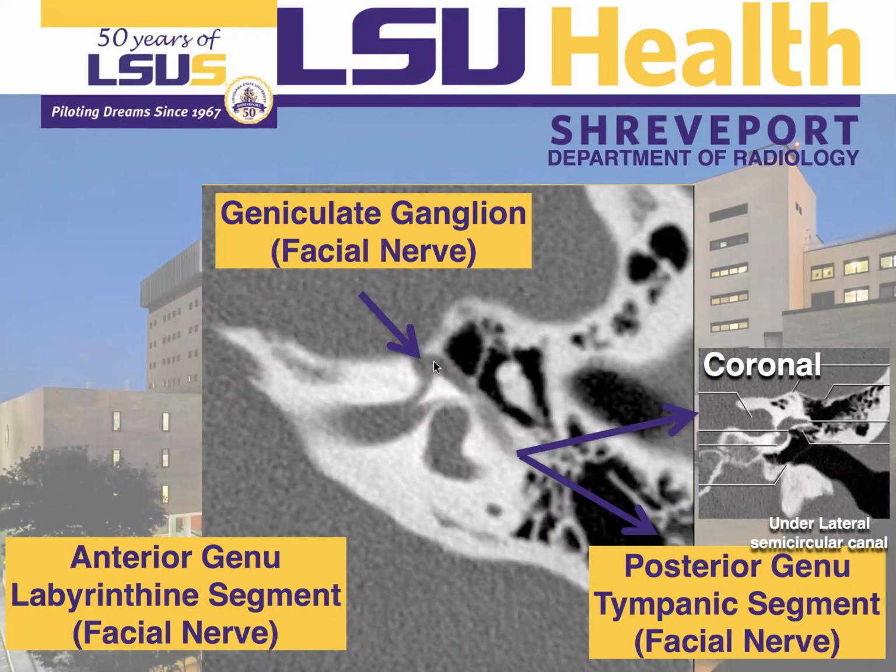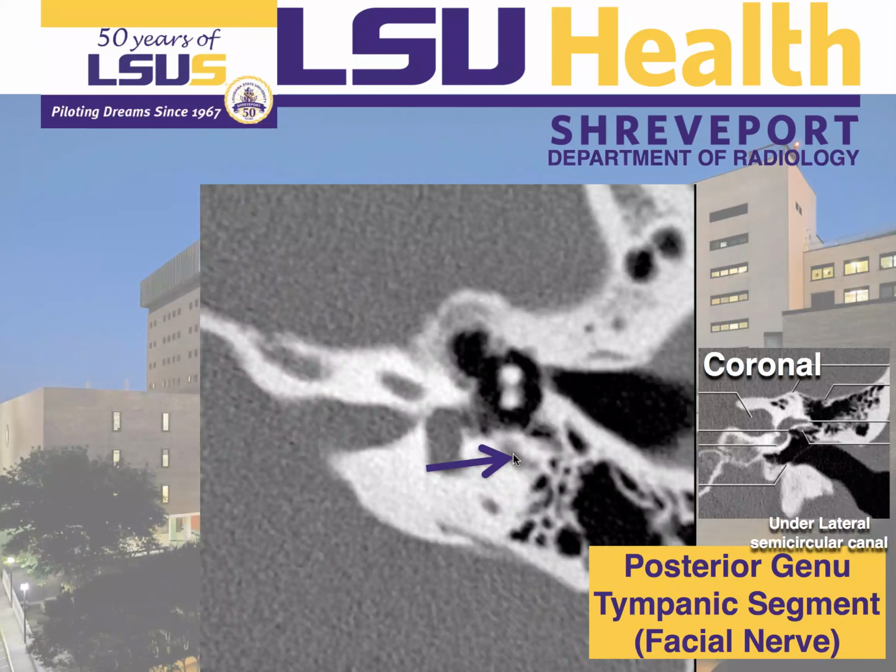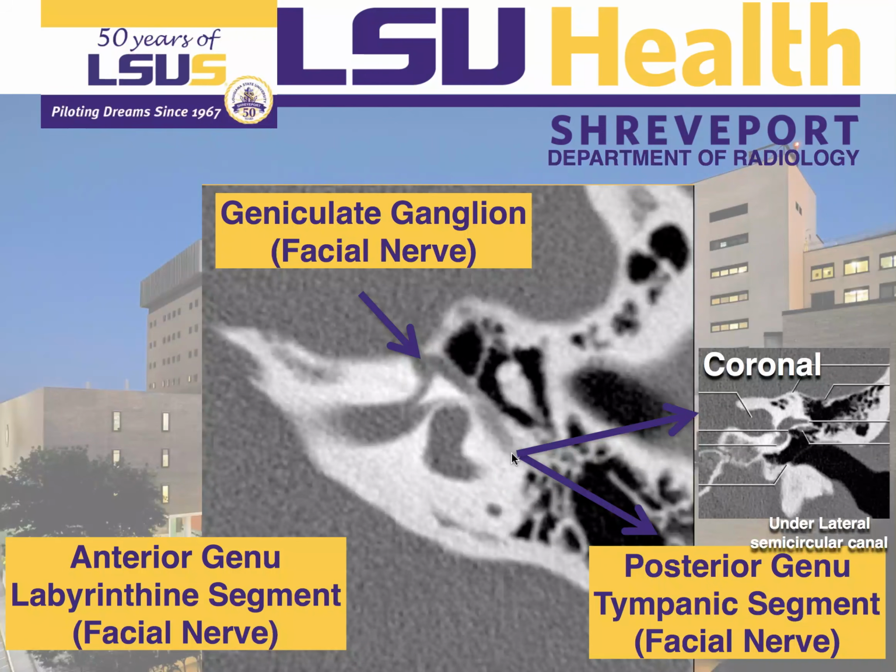This is the descending portion, or the tympanic segment, that continues down on its way to the stylomastoid foramen. On this way, here is where the facial nerve is passing under the lateral semicircular canal, the lateral semicircular canal and the facial nerve here.